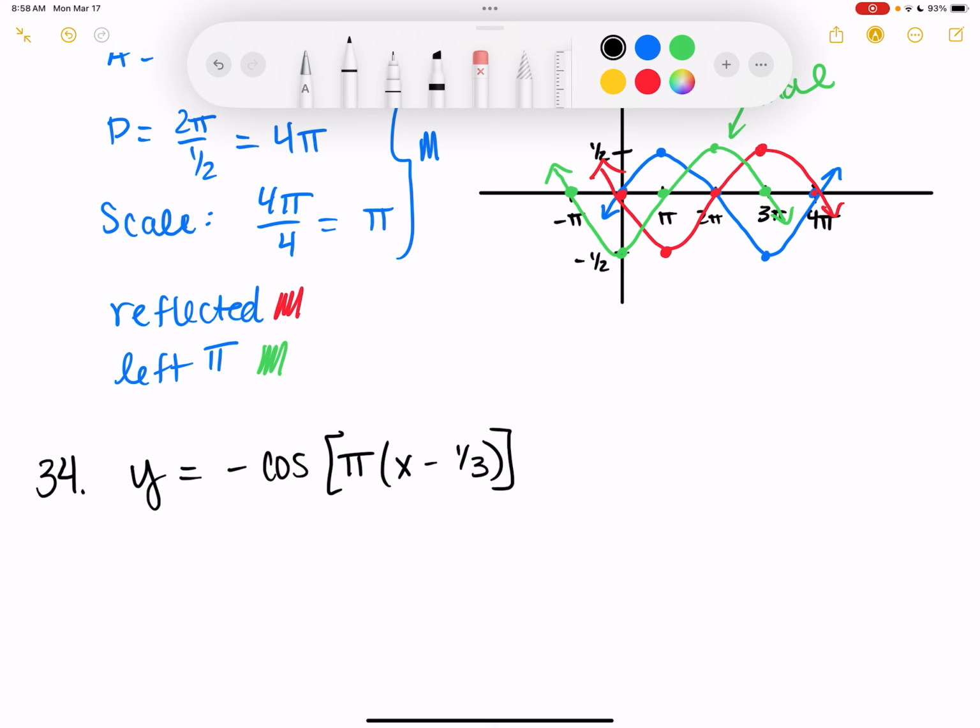Actually, I want to check on one thing real quick, because some books write this differently, and I just want to confirm something. What is it? 6.4.